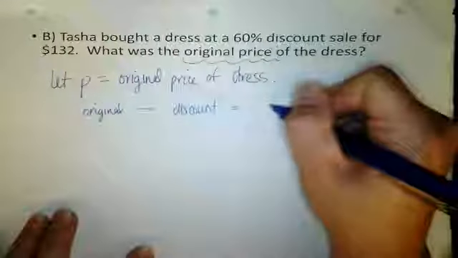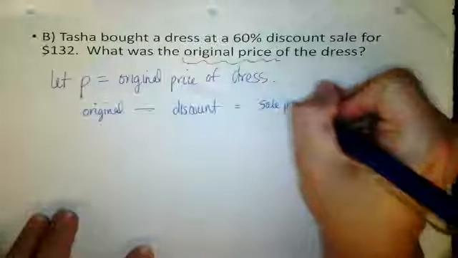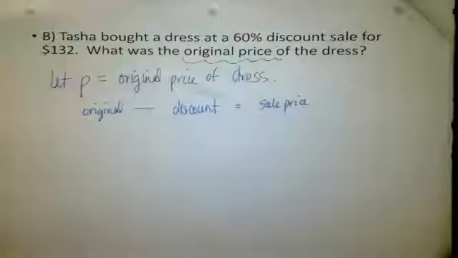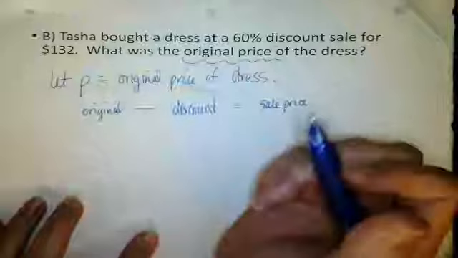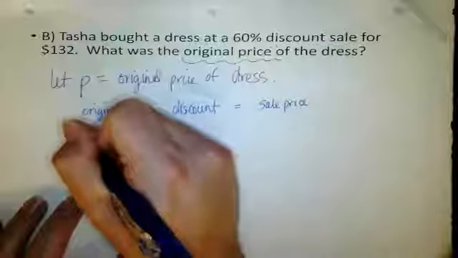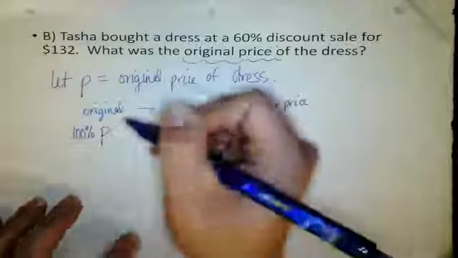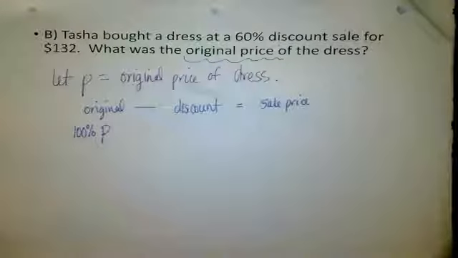And this is going to equal the sale price. So our original price minus our discount is going to give us what we paid. The original price is 100% times whatever that original price happened to be. What is 100%? It's just 1, right? It's just 1p.